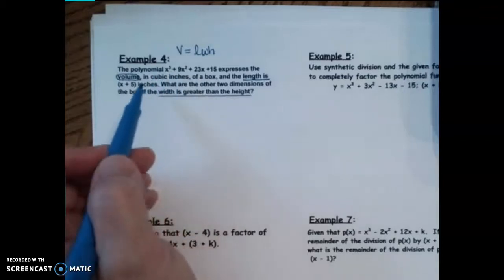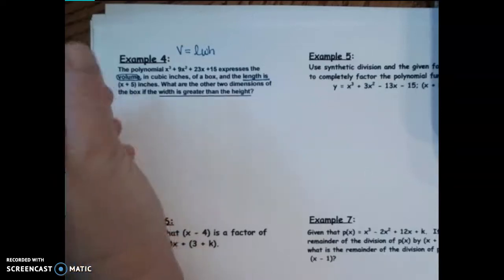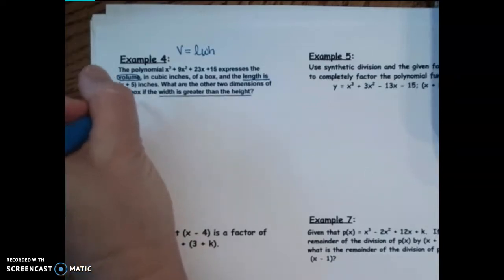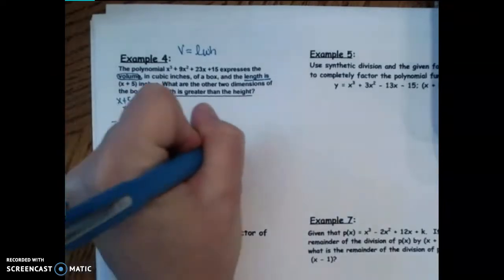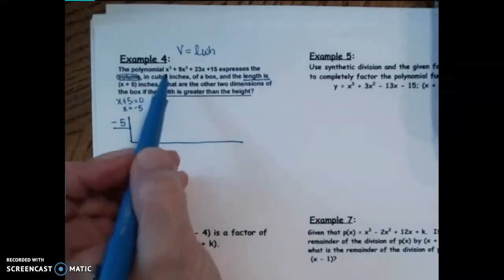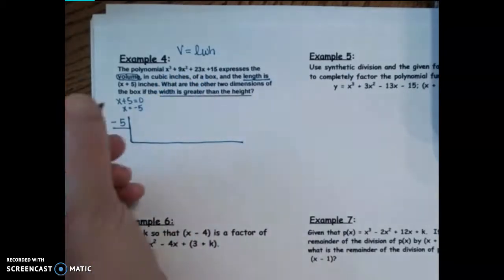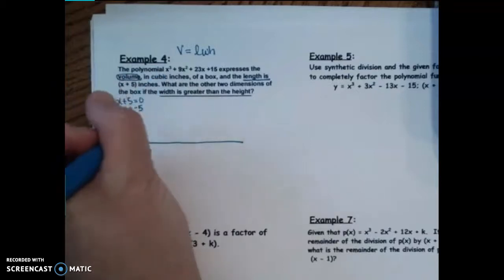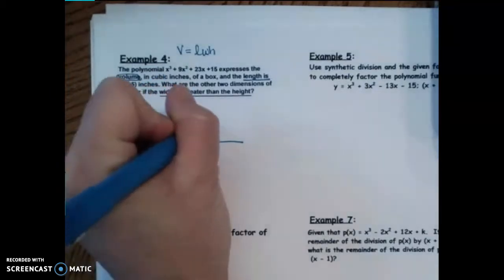You could do long division, but the first thing I see is that this is in the right form to do synthetic division. If this is x plus 5, again, you can think about setting that equal to 0. The opposite, negative 5, goes in the little box on the outside. Make sure you don't need placeholders. We have x to the 3rd, x squared, x, and then 15, so you're good to go. Take your coefficients, 1, 9, 23, and 15.